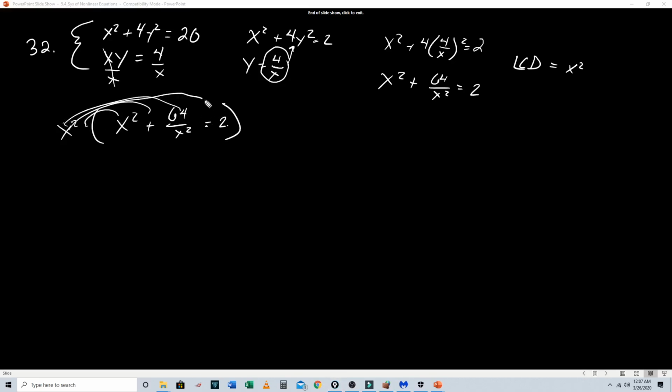Oh, sorry, 3. Get rid of that one. All right. So that's going to give me x to the 4th plus 64 is equal to 20x squared. I'm going to subtract 20x squared over. And now we have a quadratic-like function. I happen to pick really one of the hardest ones to do first. That's nifty.